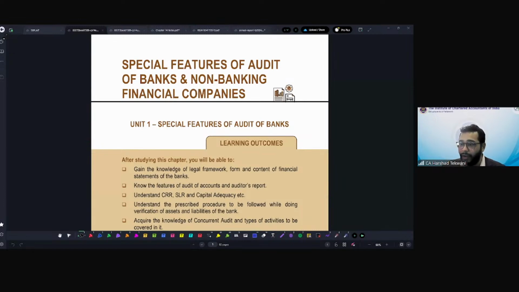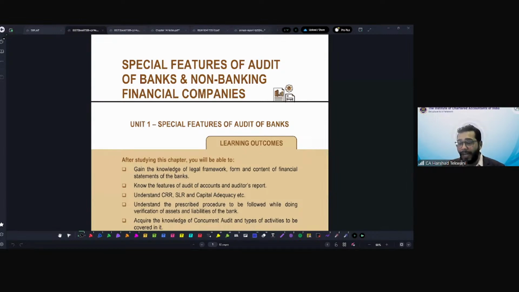IT infrastructure in a bank is at the next level, because it is so integrated and so connected on a real-time basis that a small error can create big chaos.